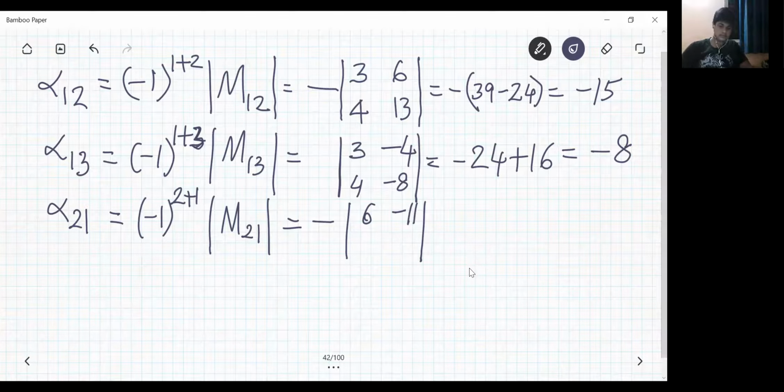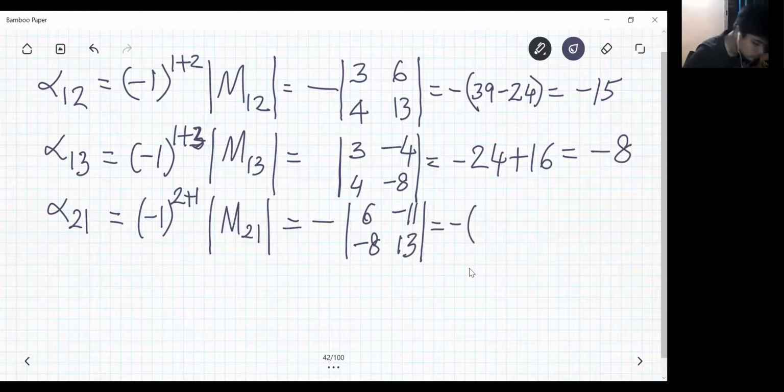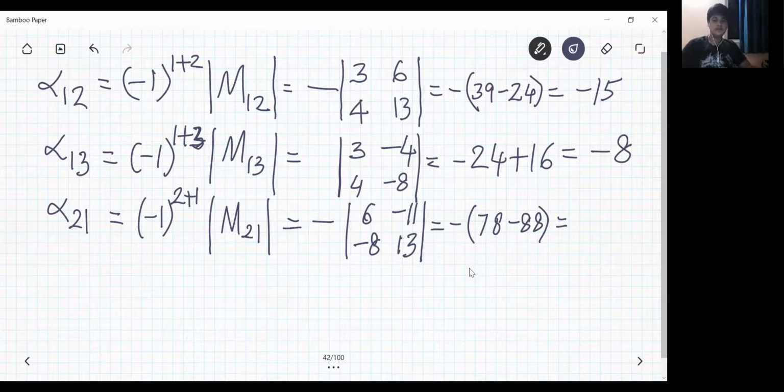Second row, first column must be left. So 6, minus 11, minus 8, 13. So this is 78 minus 88. So minus 10. Minus will become plus here, so it will become plus 10. So we will write only 10.